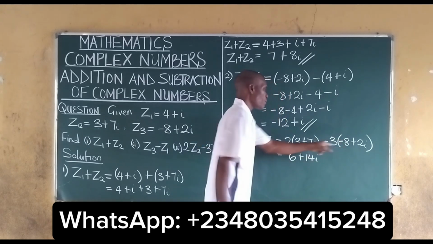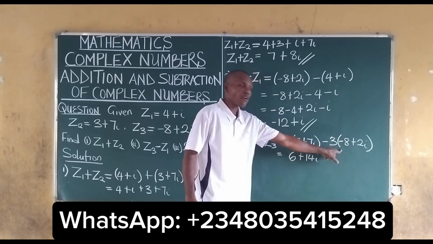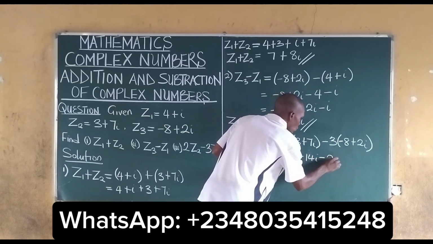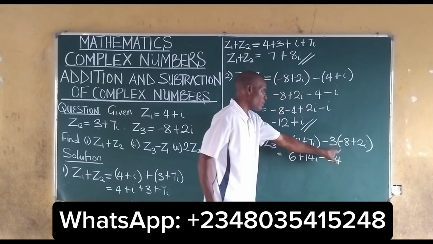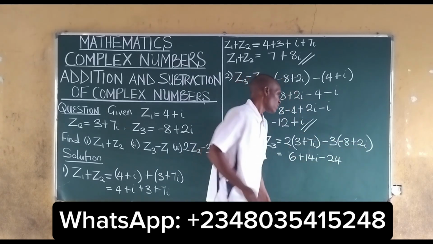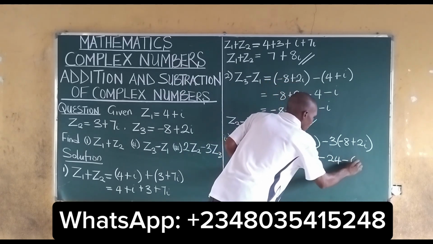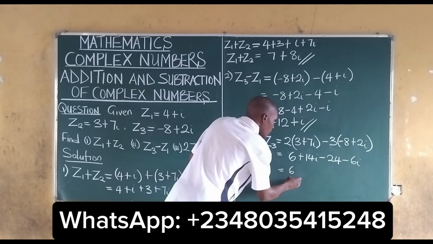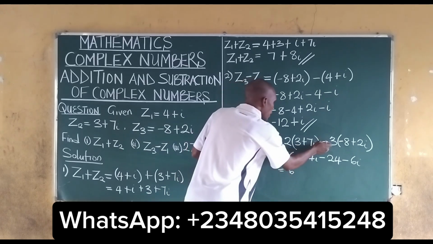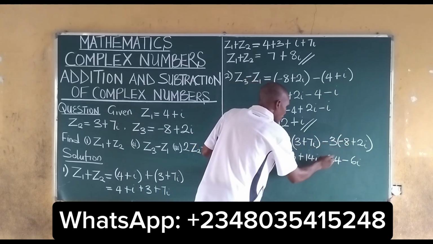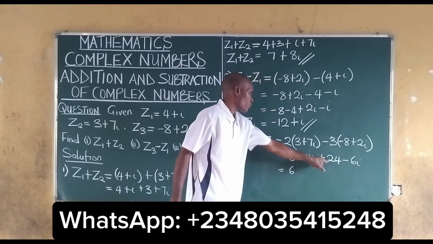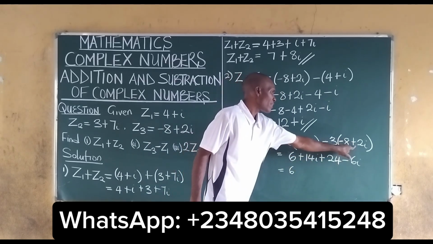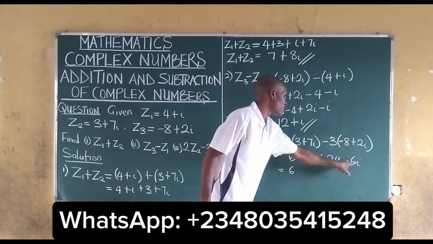Negative 3 multiplied by negative 8 is plus 24, positive 24. And negative 3 multiplied by positive 2I is negative 6I.